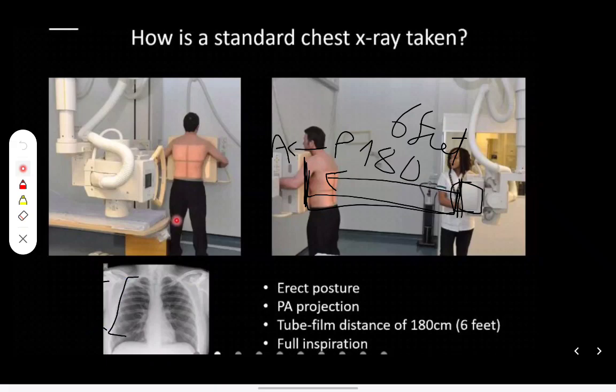Okay, so in posterior anterior chest x-ray we have erect posture of the patient, posterior anterior projection, we will see later why, tube film distance 180 centimeter or 6 feet, and in full inspiration.